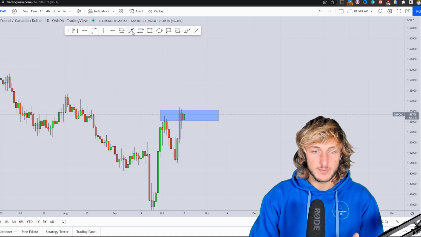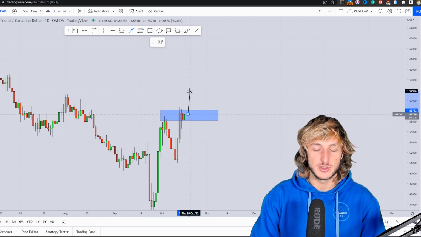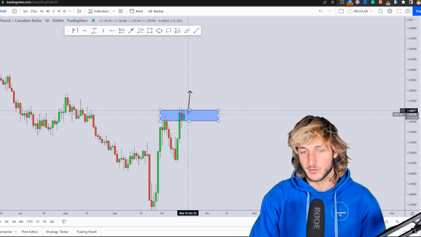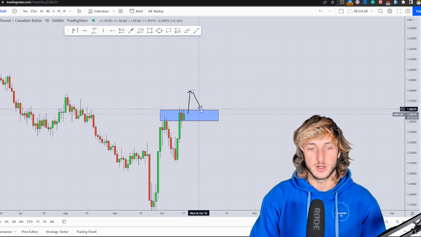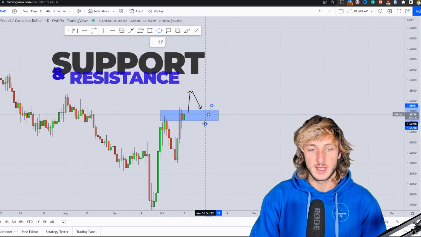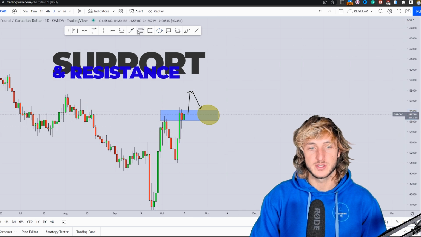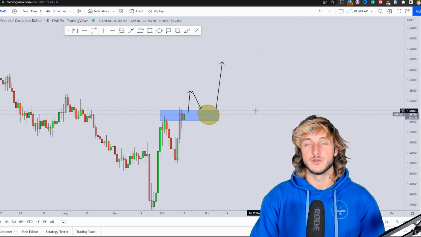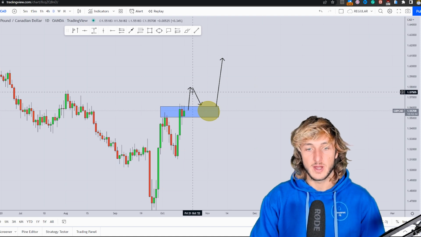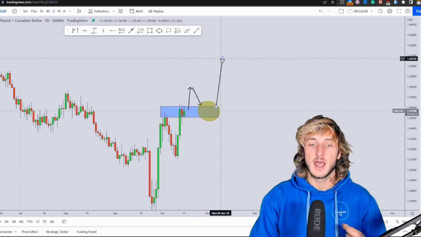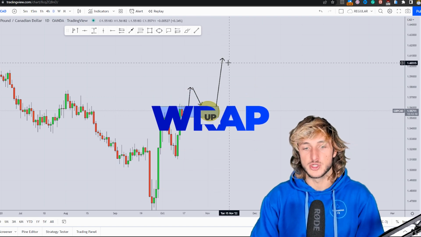However, if and only if the market manages to create an impulse that breaks above this resistance, at that point, after the break, on the retest of this previous resistance turn support, this is where we would have very interesting price action for a potential rejection to the upside. So that is how we could be approaching this potential rejection to the upside.